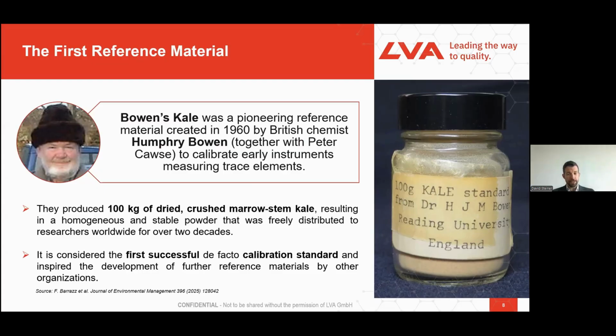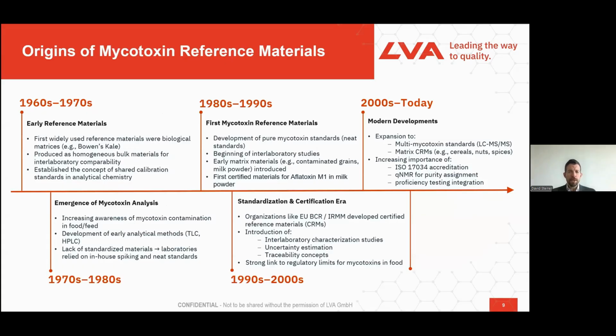And building on this idea, the field continued to evolve, especially with the increasing importance of mycotoxin analysis. So in early stages, as we could see during the 1960s and 70s, reference materials in general were already being developed, mainly as biological matrices, like Bowen's kale, as we could see.